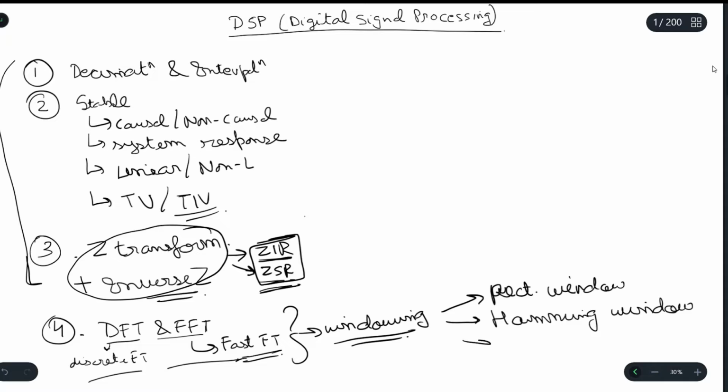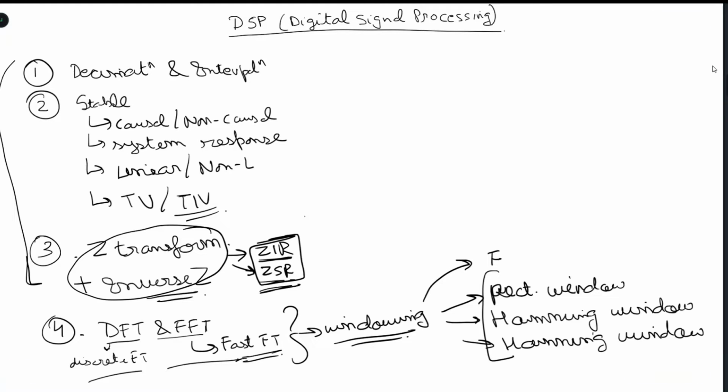Then we have the Hanning window, which is similar to Hamming, but the formulas are different. These are the three types that we will be discussing. And lastly, we will also be discussing the Fourier transform windowing.